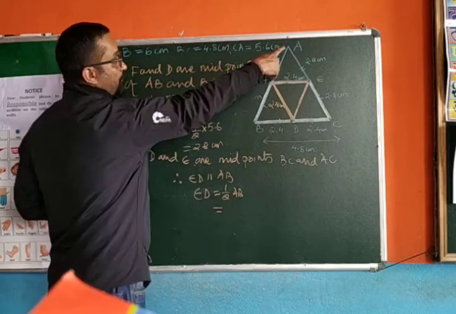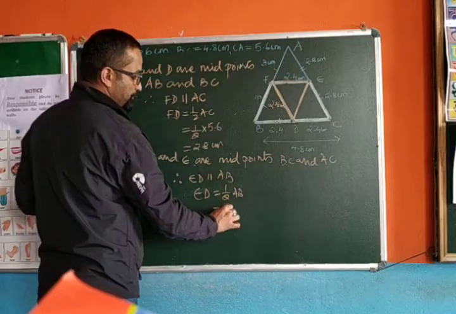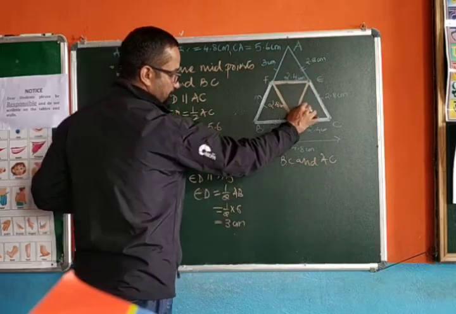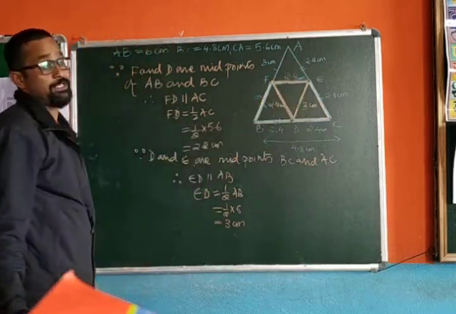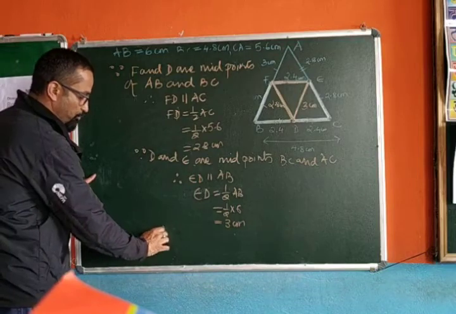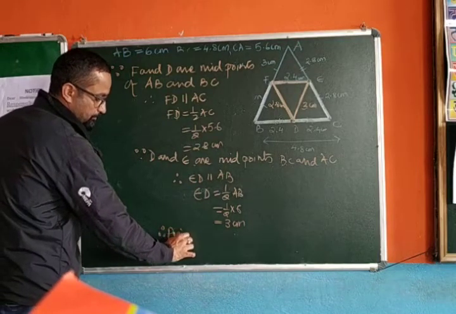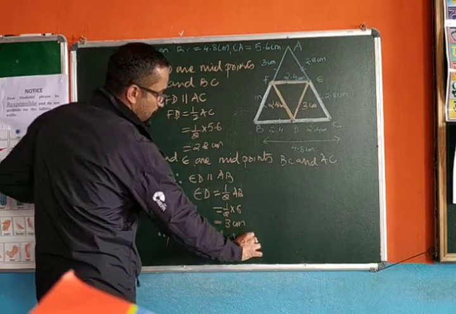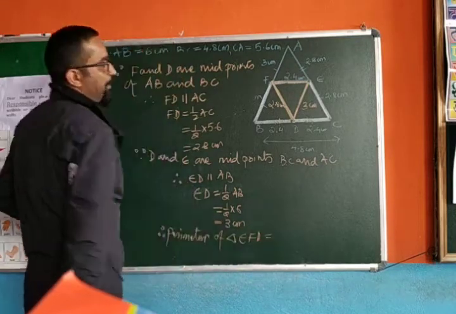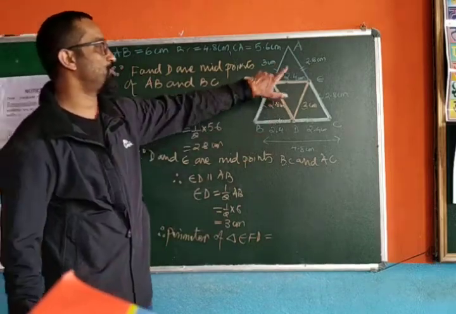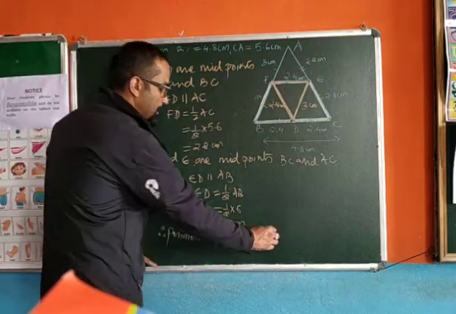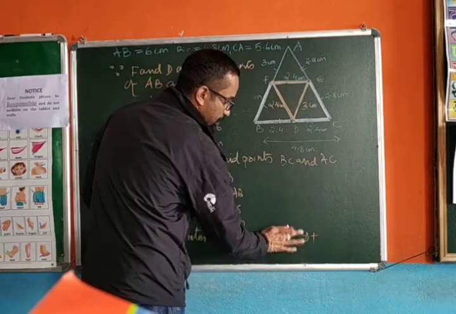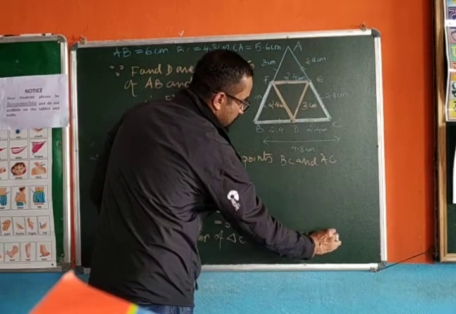We know the length of AB, that is 6 centimeter. We calculate 3 centimeter. You know all the sides of the triangle, therefore the perimeter of triangle EFD. Perimeter is the length of the boundary, you just need to add it up. EF plus FD plus ED.